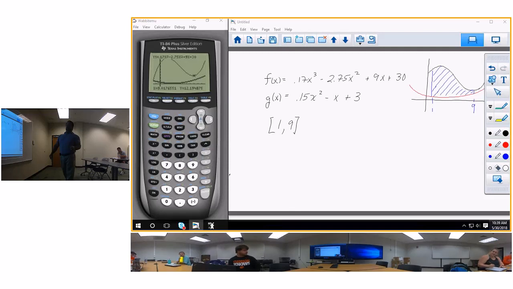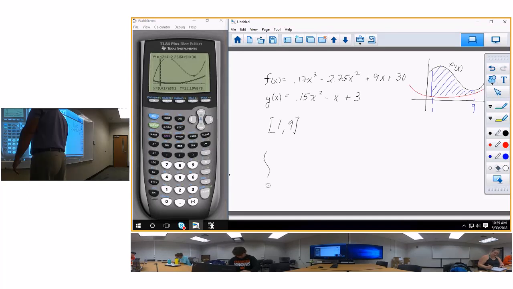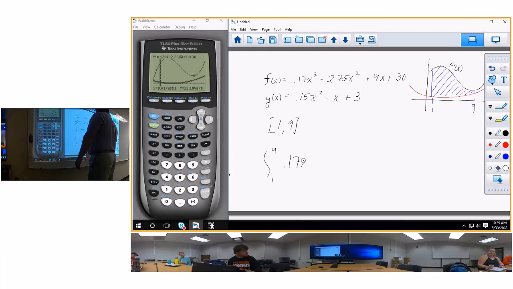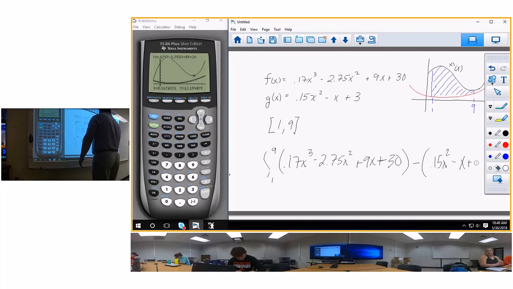All right. So we know that this is your higher function. This is your f of x. And this is your g of x. So let's go ahead and take the antiderivative from 1 to 9 of 0.17 x cubed minus 2.75 x squared plus 9x plus 30. And we're going to minus 0.15 x squared minus x plus 3.